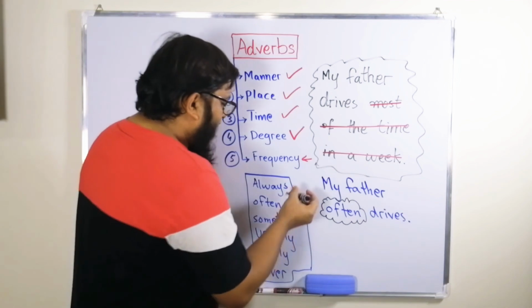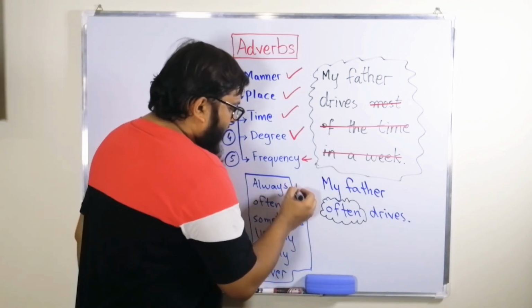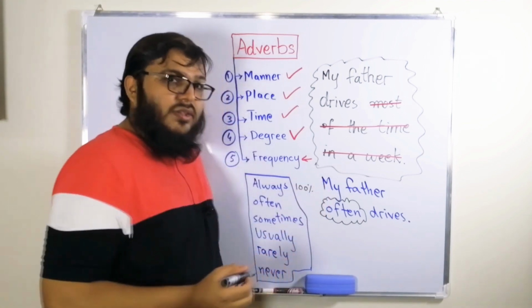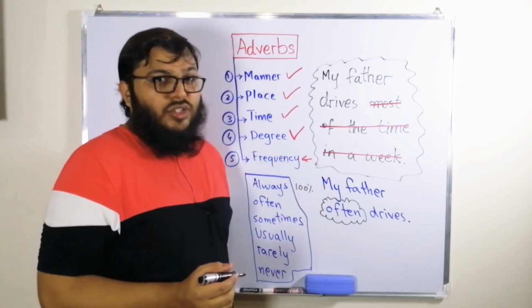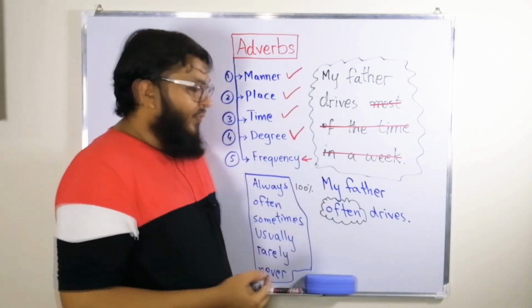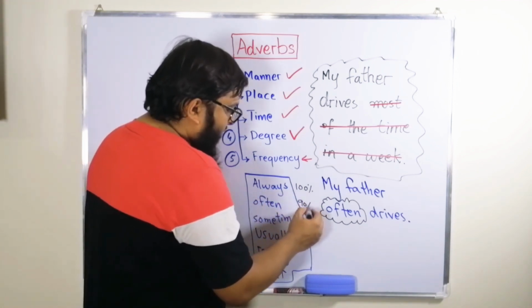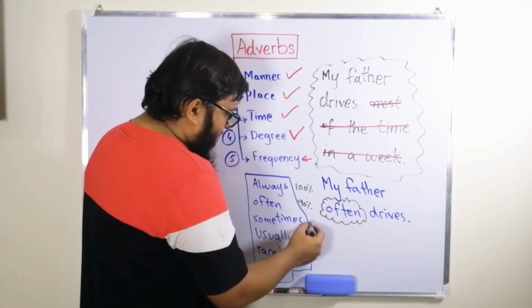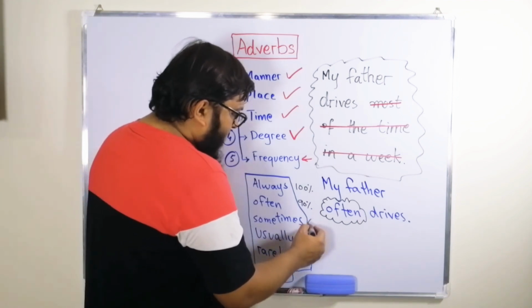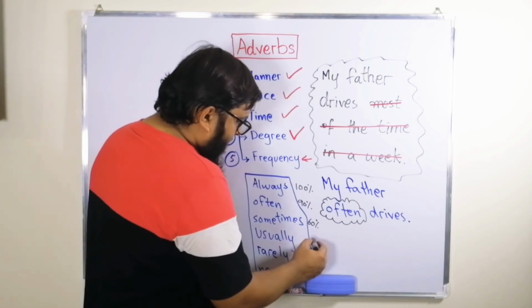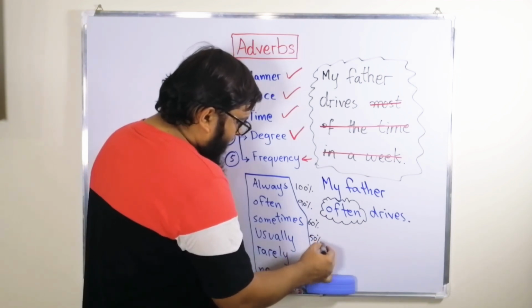So the ranking, I can rank them this way. When you do that action 100% of the time, you can use always. Often is kind of 90% of happening. Sometimes is maybe 60%. And usually can be 50%.